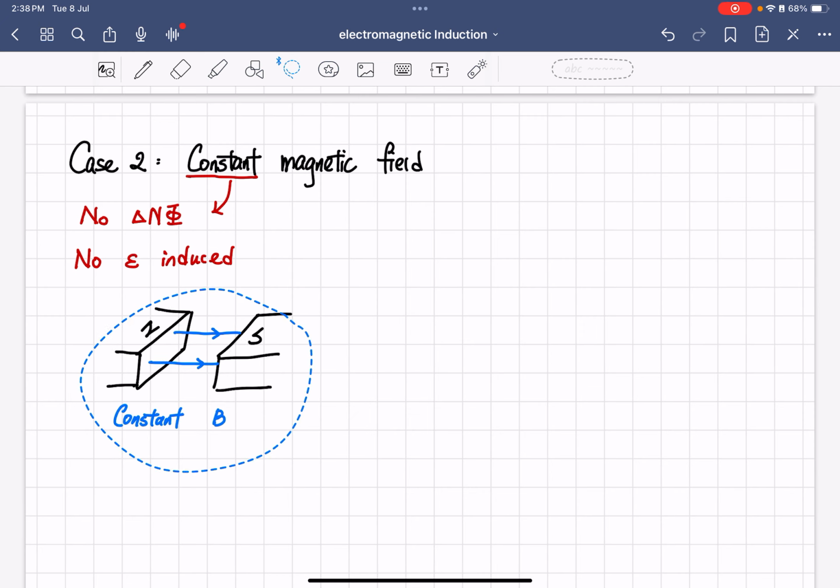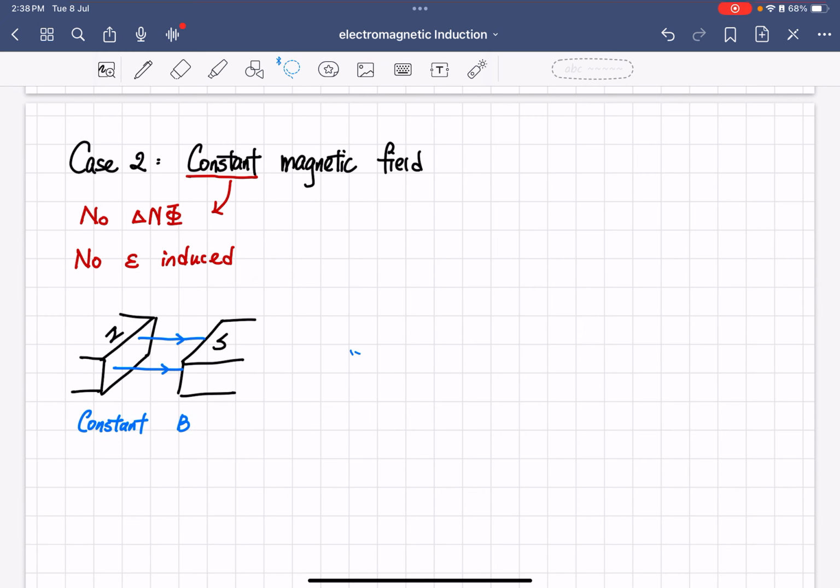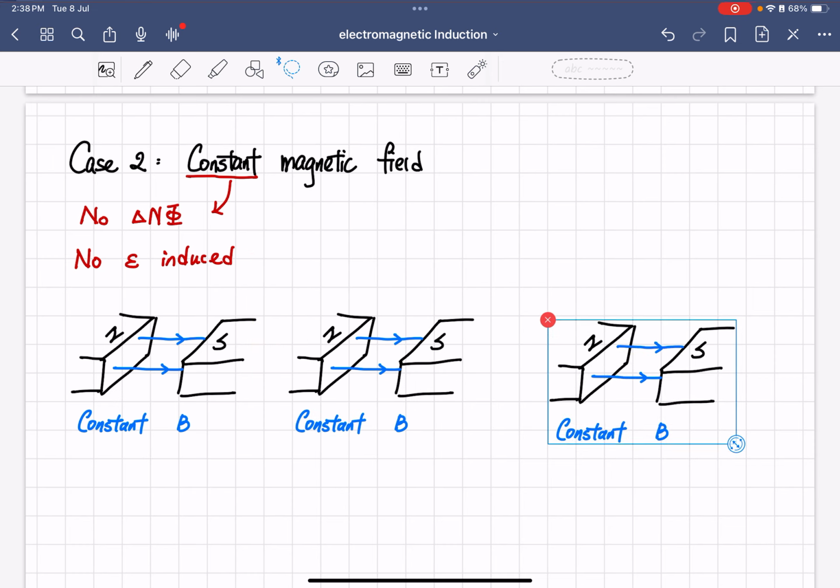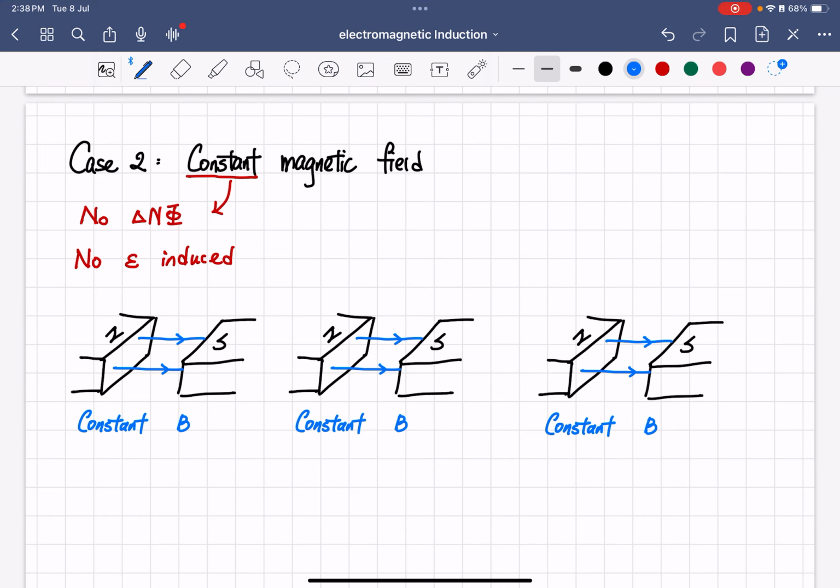What we do is actually very low tech. Essentially, you put the search coil in and try to rotate it until you get the maximum. You're trying to make sure that the normal of the coil is parallel to the B field.